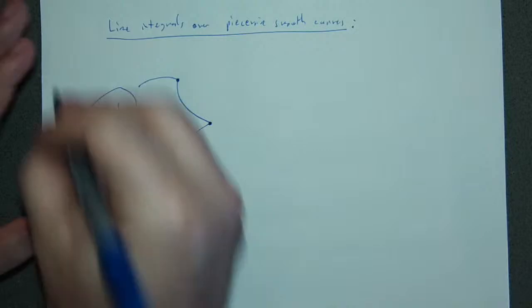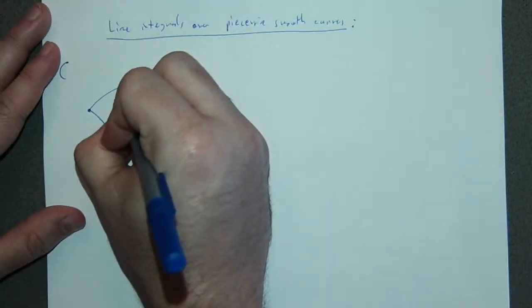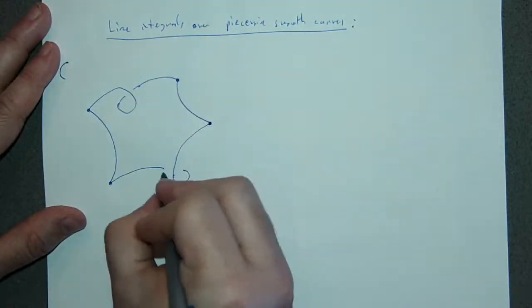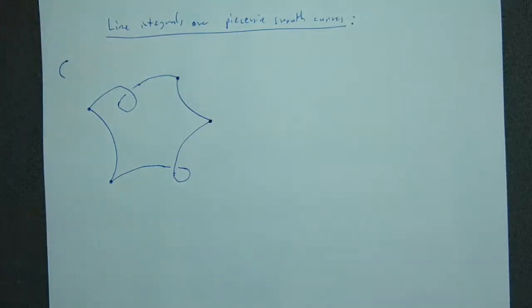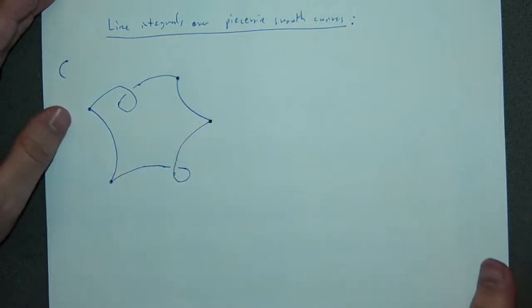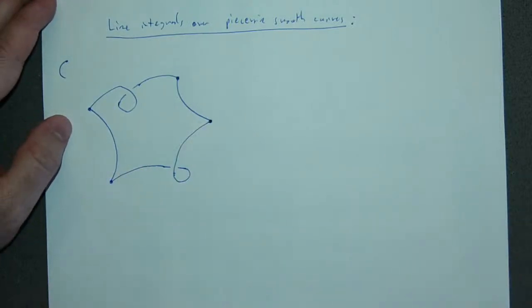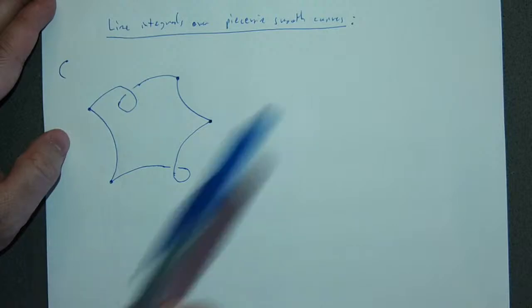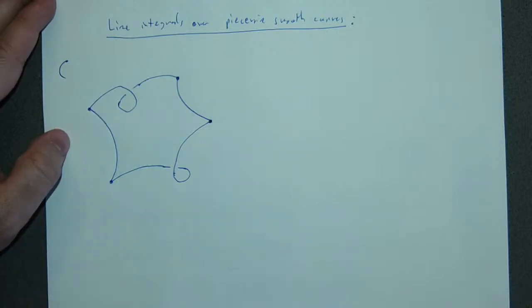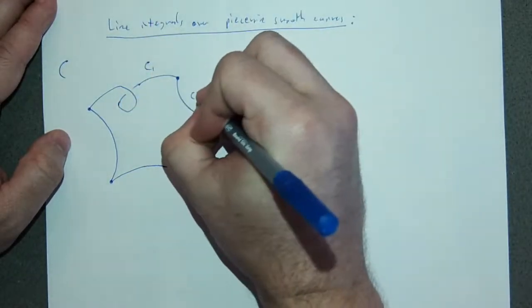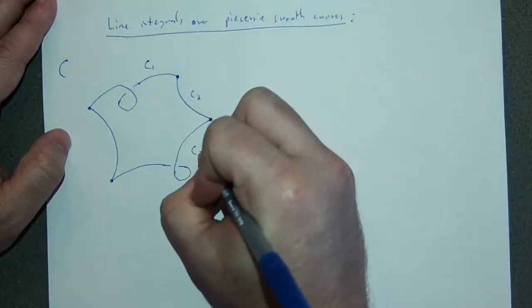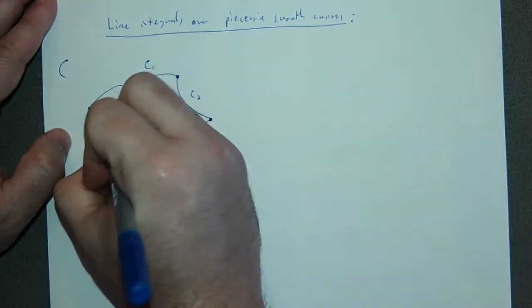Okay, so here's my curve C, and it's too much of a gap there. Let's fill that. Makes it look like it goes into some other dimension or something. So here is my curve C. And of course, I view this curve as a bunch of curves slammed together, or we'll say concatenated together. So there's the first smooth piece, here's the second, here's the third, and here's my last smooth piece.